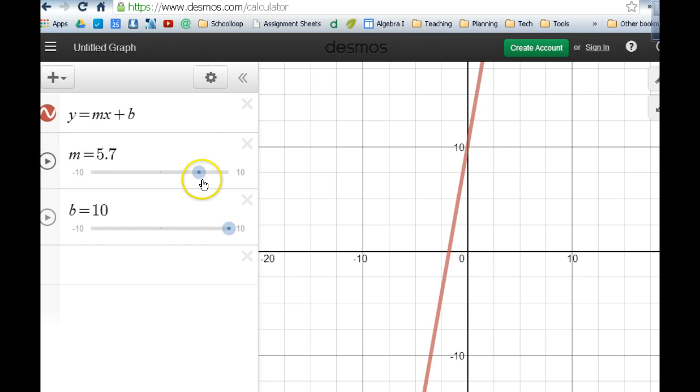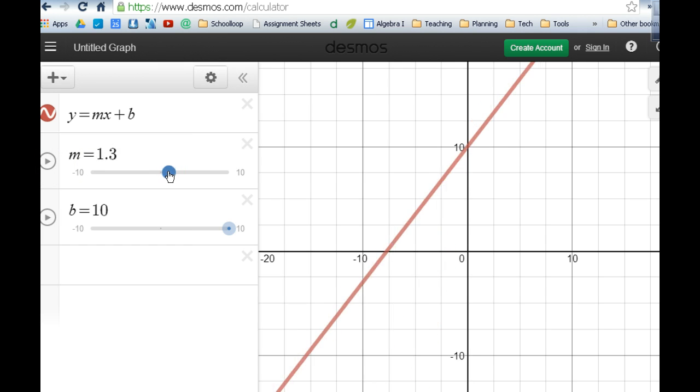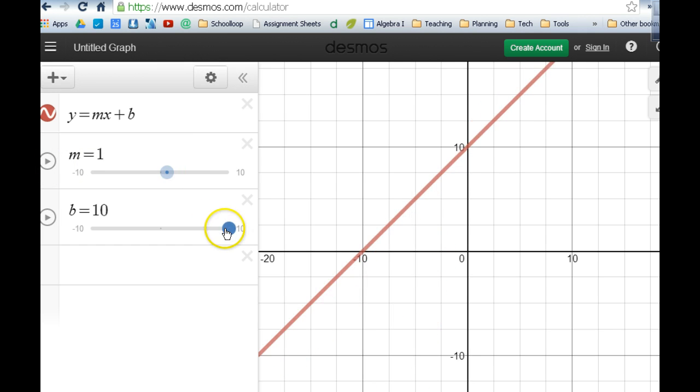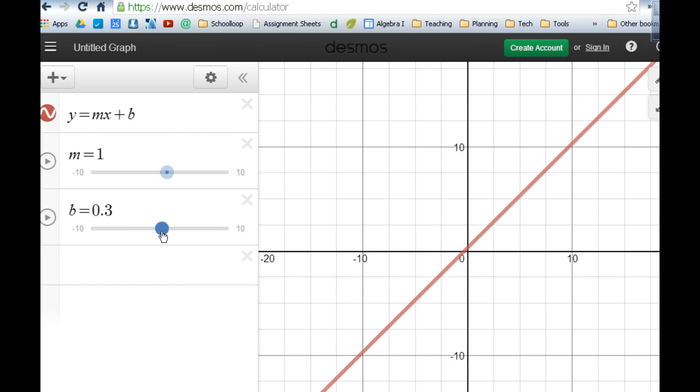But there's also the question, do we always have to start at 0? In a real life situation, maybe you're making $10 an hour, but maybe you're starting with $50. You already have $50, so you wouldn't want to start at 0.